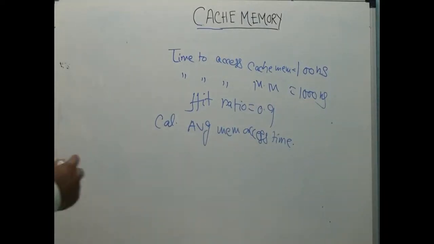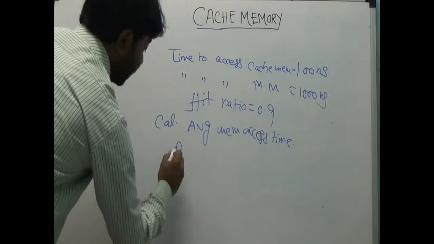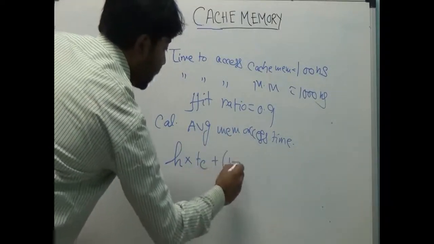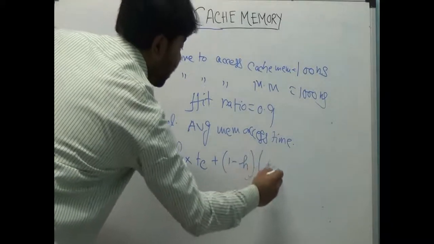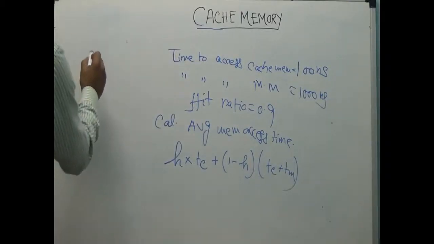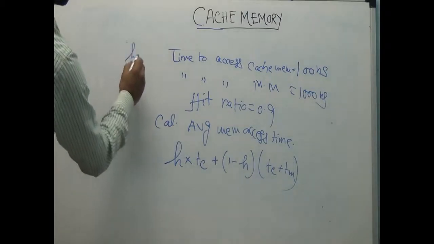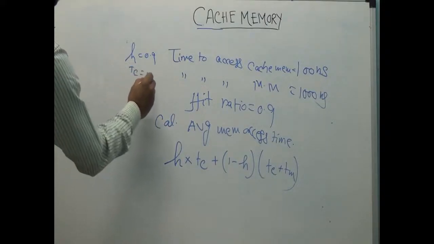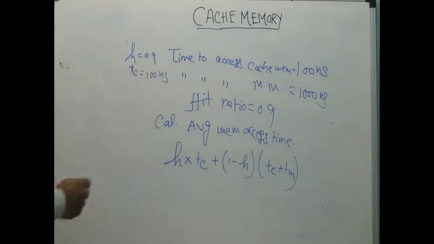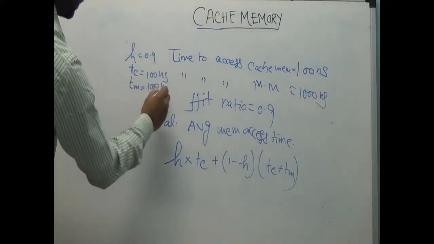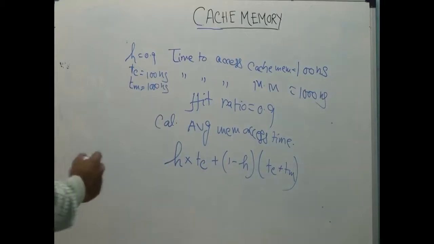To calculate the average memory access time, the formula is H into TC plus 1 minus H into TC plus TM. That is the basic formula of average memory access time. Here, from the given problem, we know that the value of H equal to 0.9. Time to access from the cache memory equal to 100 nanosecond, that is denoted as TC. Time to access from main memory equal to 1000 nanosecond. We will put this value here.